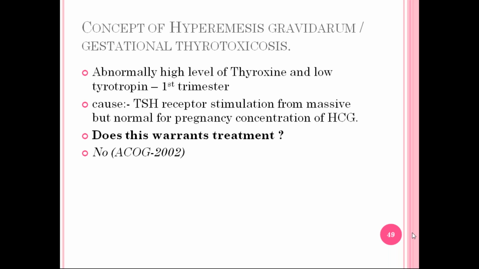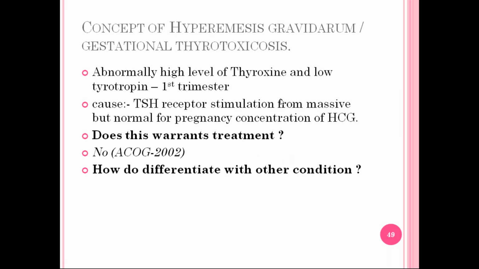Because today we have talked about thyroid disorders, you should know about gestational thyrotoxicosis, which occurs in hyperemesis gravidarum. Usually abnormally high levels of thyroxine will be present. I told you T3 and T4 will be high, and a low level of TSH will be there in the first trimester.